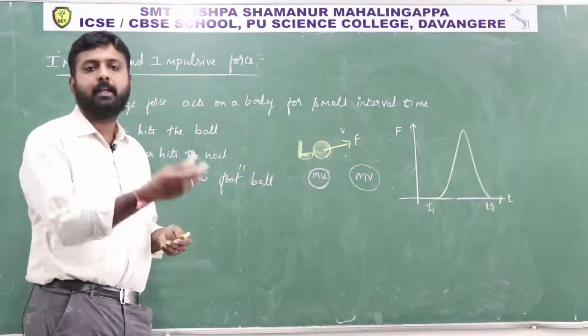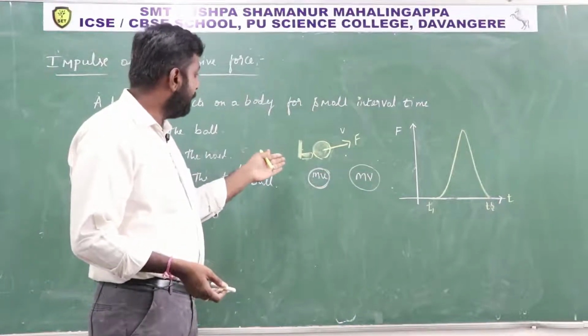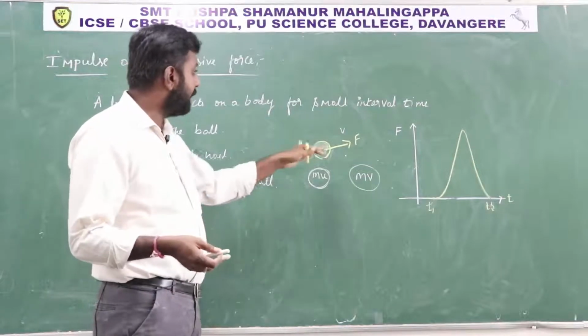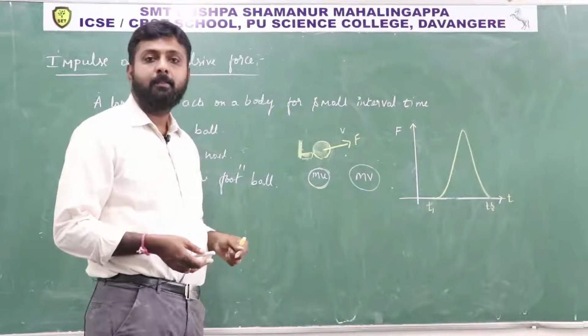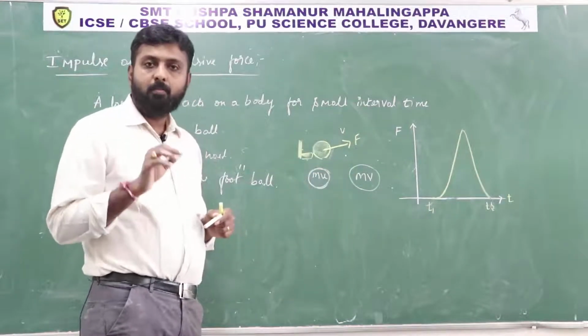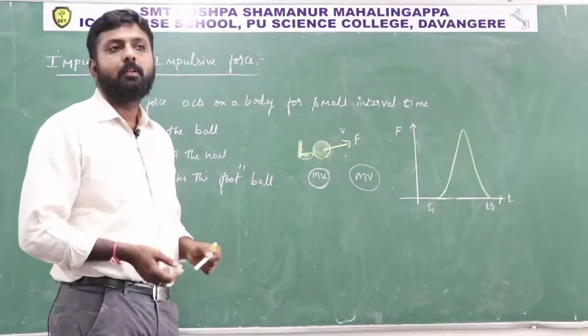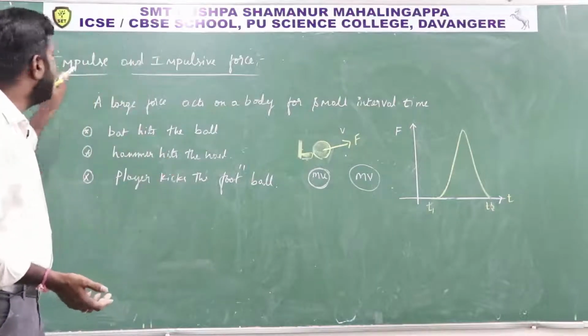Momentum has changed. Okay. So what this impulsive force can create, or what is the effect of impulsive force, is the change in momentum. The change in momentum is the effect of impulsive force. The total effect is called impulse.